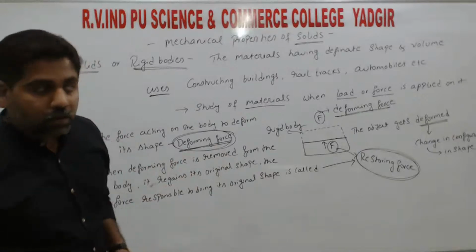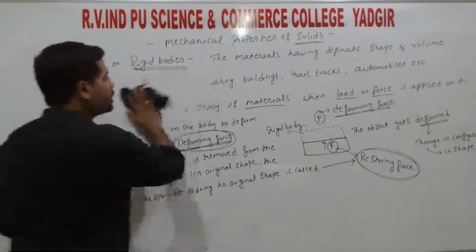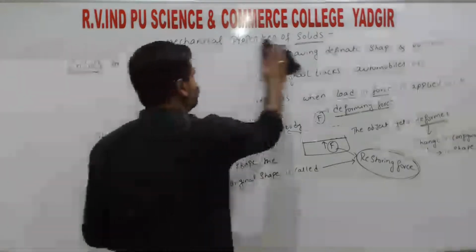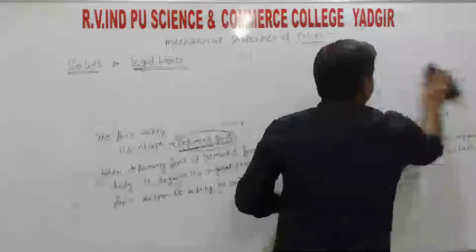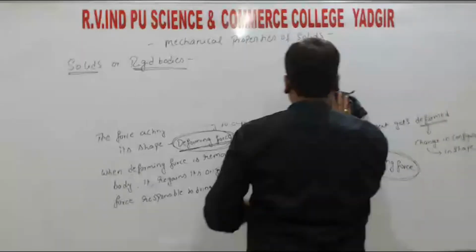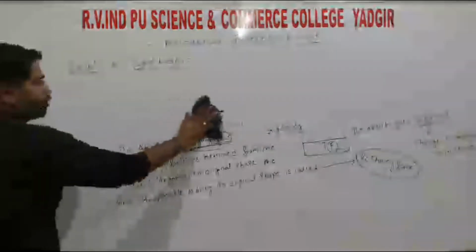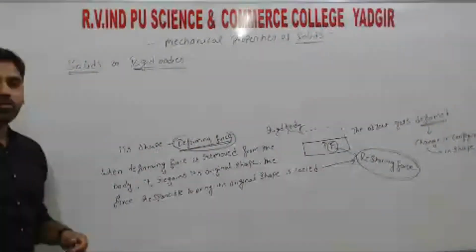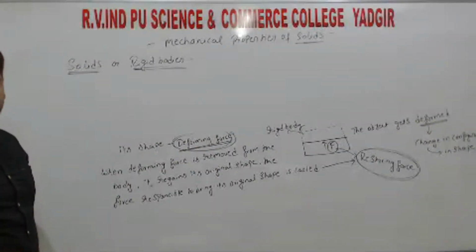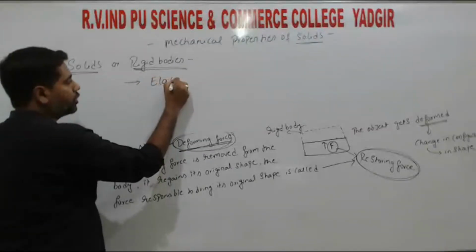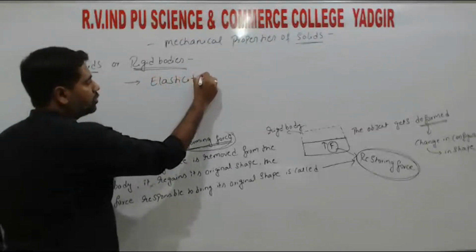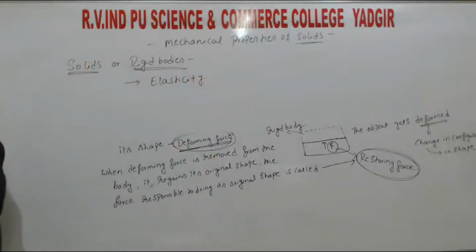So next, solids are further classified into two types, right? So solids na two types agi classification ಮಾಡ್ಕೊಂತಾ ಇದೀವಿ. ಅದರಲ್ಲಿ the first one is elasticity, right?